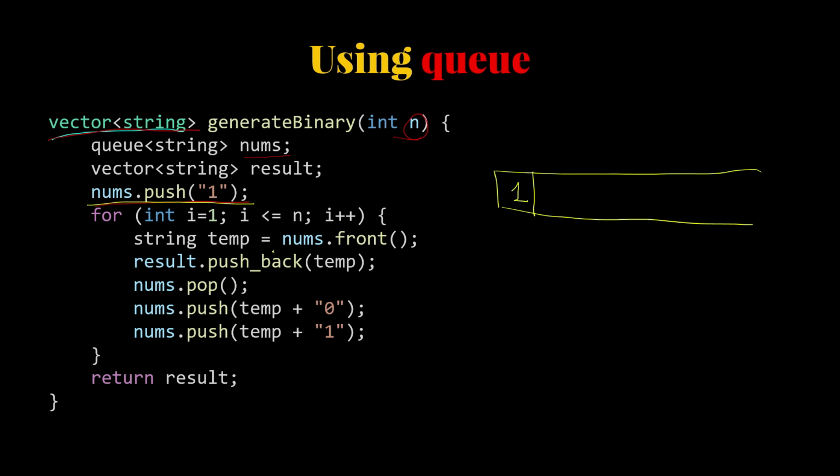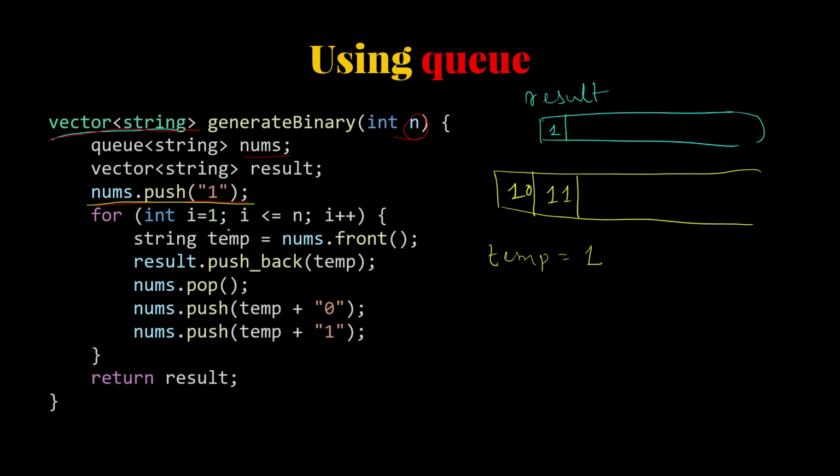We take this number, temp is equal to 1, and push it back into the result, so the result will have 1. After that we pop the queue, so the queue becomes empty. Then we push back appending 0 to 1 and 1 to 1.